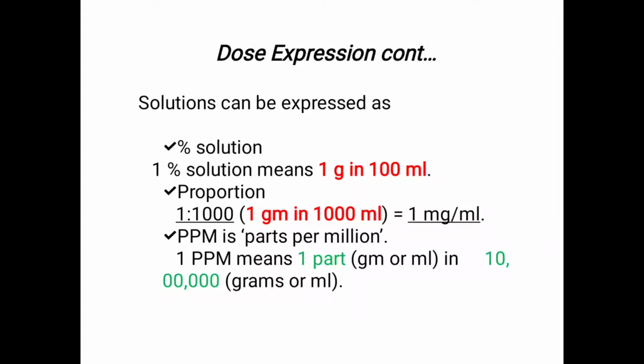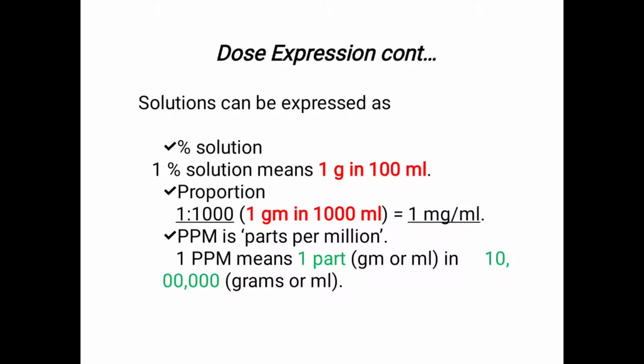So a solution can be expressed as a 1% solution, which means 1 gram in 100 ml. These are very important. These are all basics, and you have to use these basics in calculating the sums. So please concentrate on this topic.